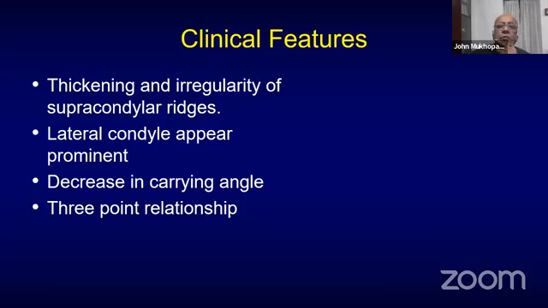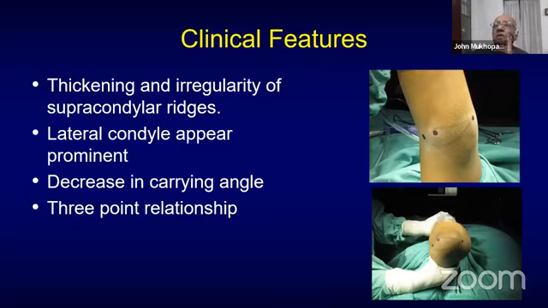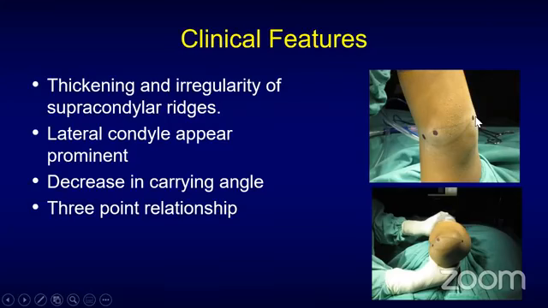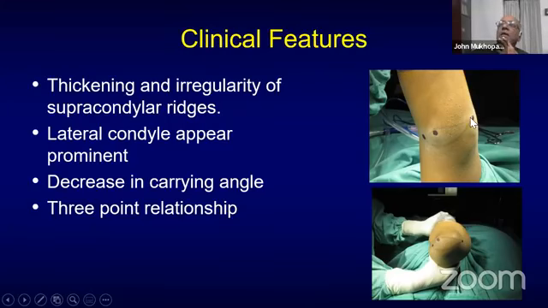And if you look at the 3-point relationship, it's interesting that postgraduates are taught that in the supracondylar fracture, as opposed to a dislocation, the 3-point relationship is maintained. However, once you've got the deformity, there's a callus which forms, and therefore what you feel on the lateral side is not really the lateral epicondyle, but very often the callus and the prominence there.